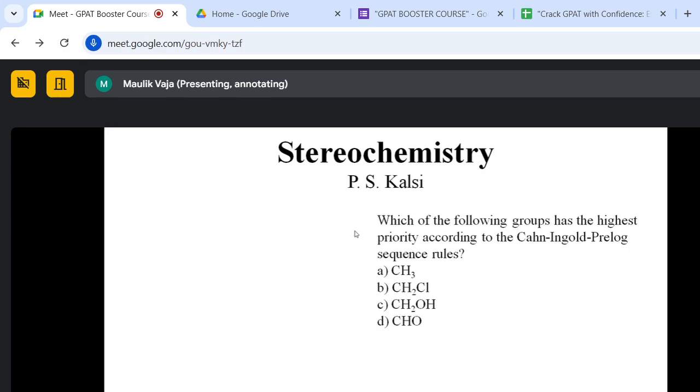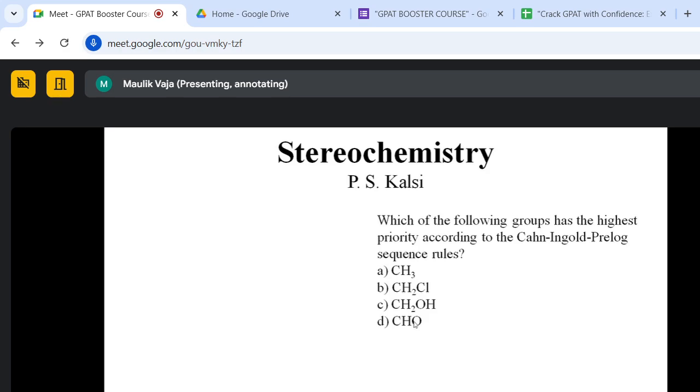According to the Cahn-Ingold-Prelog system, the atom with the higher atomic number gets first priority. But here the first atom is the same in all. If we talk about the second atom, in all there is hydrogen. If we talk about the third atom, hydrogen, hydrogen, hydrogen.